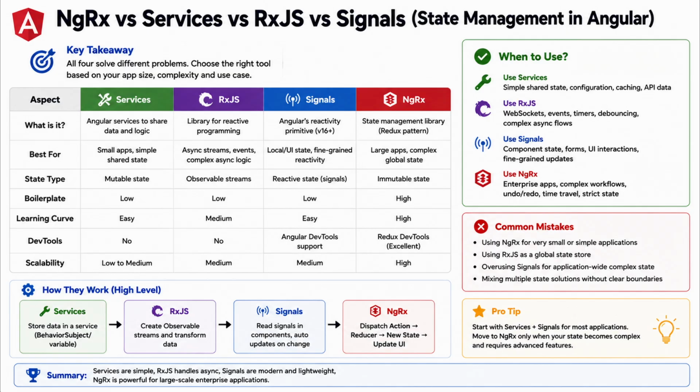So services with behavior subject we can use for small applications, but NgRx we use especially for large scale applications. As our application is very large, we have multiple modules to manage all this state, so we are using NgRx.